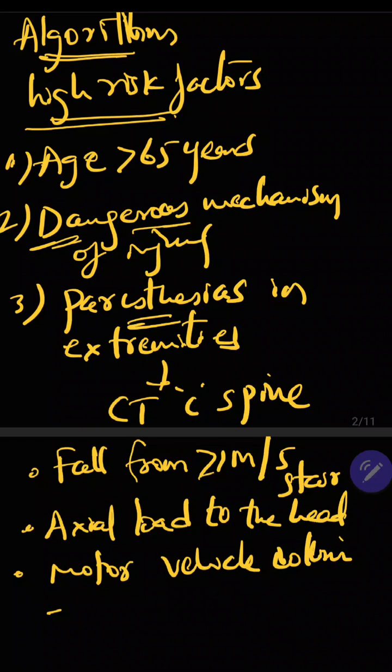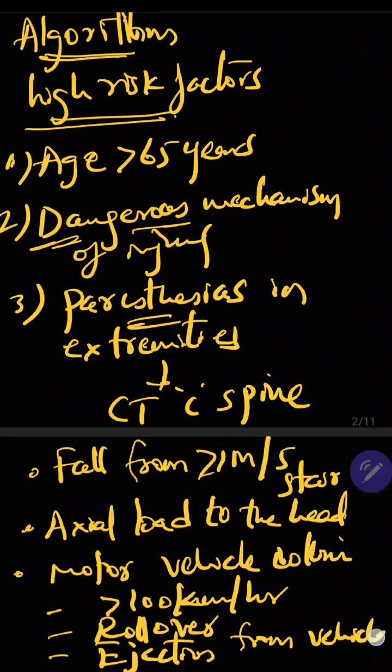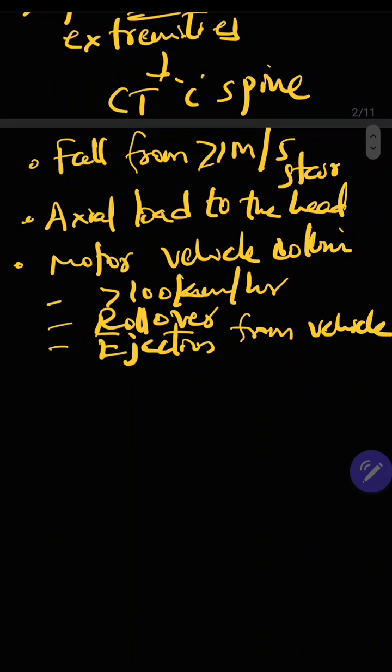Maybe the patient is traveling in a car at more than 100 kilometers per hour, or rollover of the vehicle, or ejection from the vehicle. So during the accident, the patient got ejected from the vehicle. These are the dangerous mechanisms of injury. If these are present, you have to directly do CT C spine.